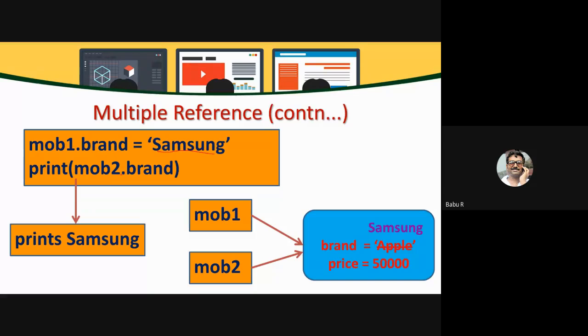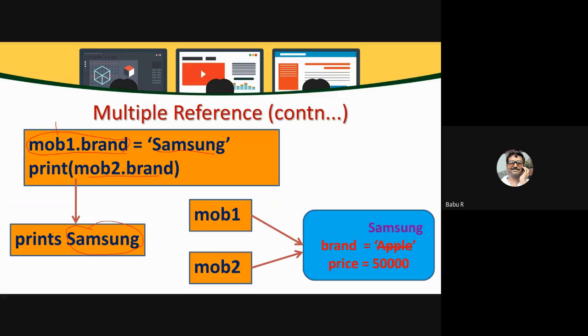Then print mobile two dot brand. As both are referring to the same object, please listen carefully. I'm changing mobile one dot brand, using the mobile one reference variable, I'm changing the brand name as Samsung. But when I try to print the brand name of the mobile two reference, it is printing Samsung.